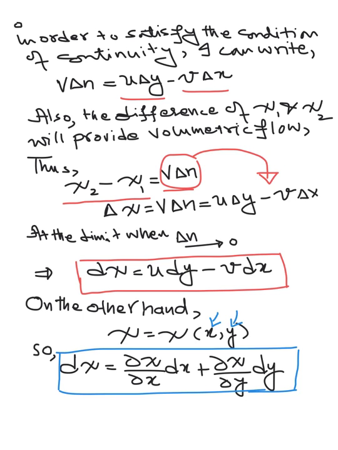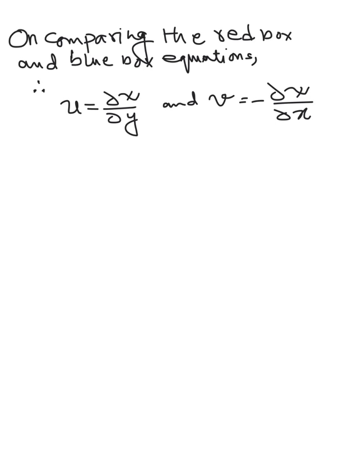So it should be like that. Now I have two different equations, so I will compare these two equations to extract the values of u and v. Upon comparing the two equations, I have obtained these relations for my u and v.